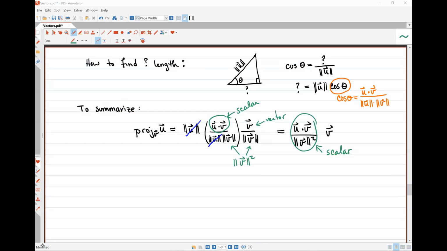Okay, so now let's try actually computing one of these things. Let's take a vector u, minus 1, 3, 2, and take the projection of that onto vector v, let's say 1, 1, 1. So we're going to find the projection of u onto v.